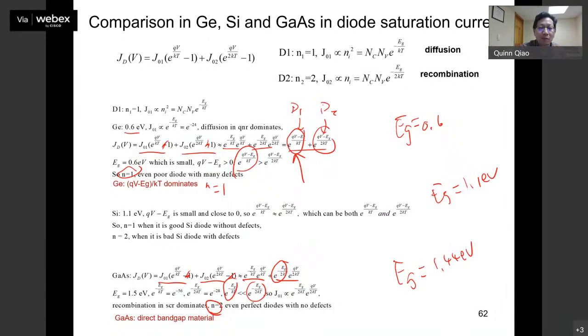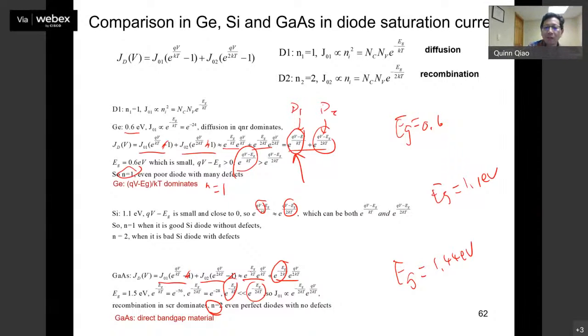Because the band gap is close to qV, the terms are small, comparable, and it depends on quality. If the physical quality of the silicon diode is higher, then diffusion dominates, and the recombination is smaller.